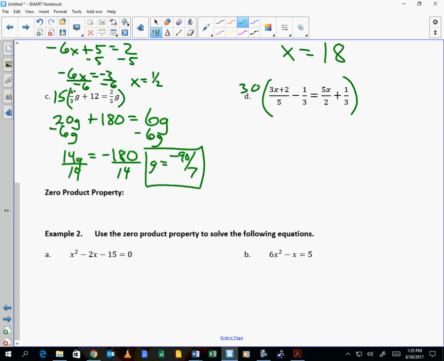So what's 30 divided by 5? So 6 is then what you distribute through. We get 18x plus 12. 30 divided by 3 times 1. 30 divided by 2 times 5. 75.